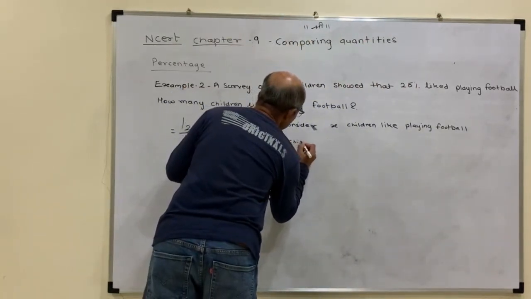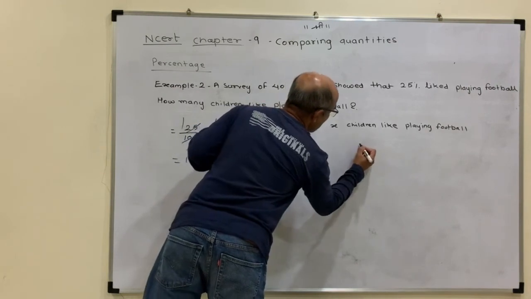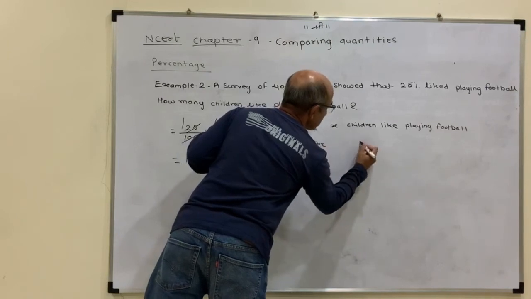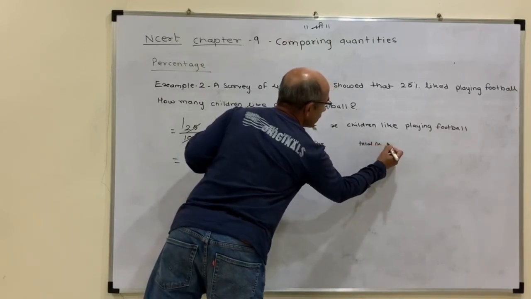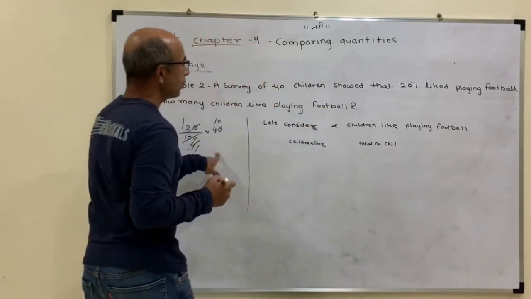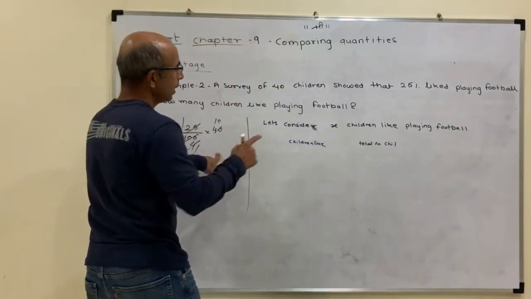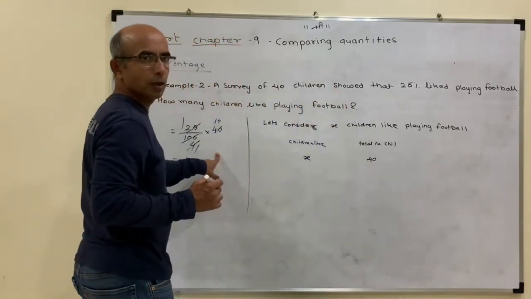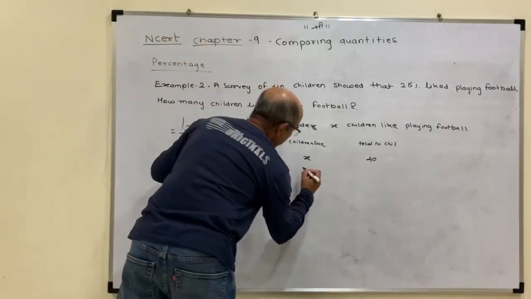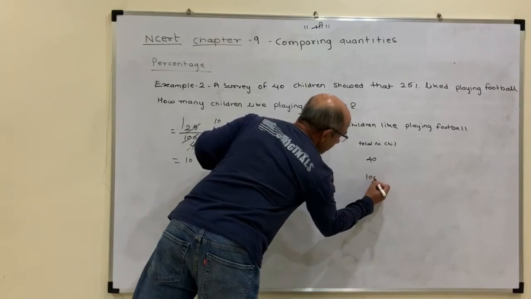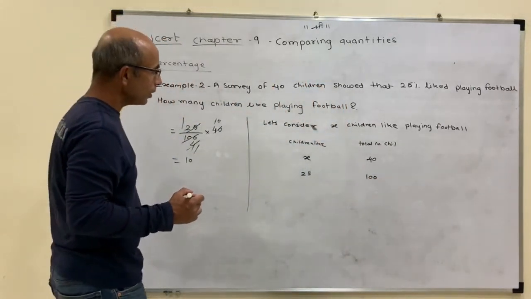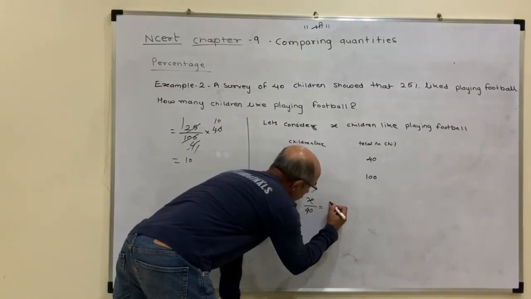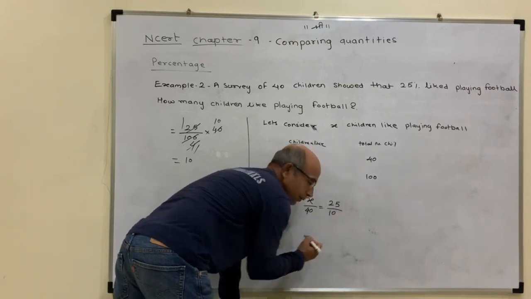Children who like football, and the total number of children. First, they say the total number in the survey is 40. I consider X. So X out of 40 like football. 25% like football, so I say 25 children out of 100. Percent is out of 100 value. So here X divided by 40 is equal to 25 divided by 100.